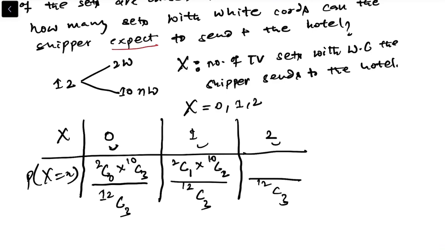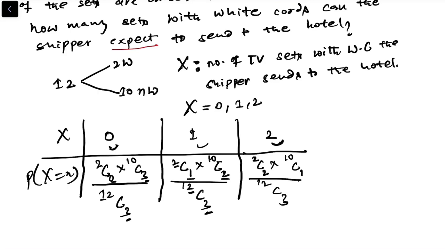You can see that the sum of these lower numbers is exactly 3. Okay, 0 plus 3 is 3, and the sum of the upper numbers is exactly 12. So this is how you can confirm that you are doing the right calculations. And out of 2 white cards you have to choose 2 in order to send 2 white cards to the hotel, and out of 10 you can choose 1. So these are the probabilities.